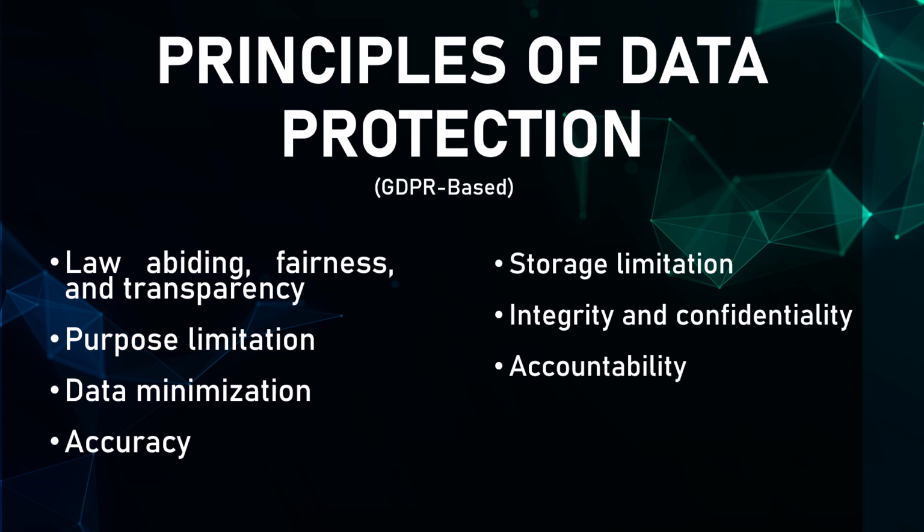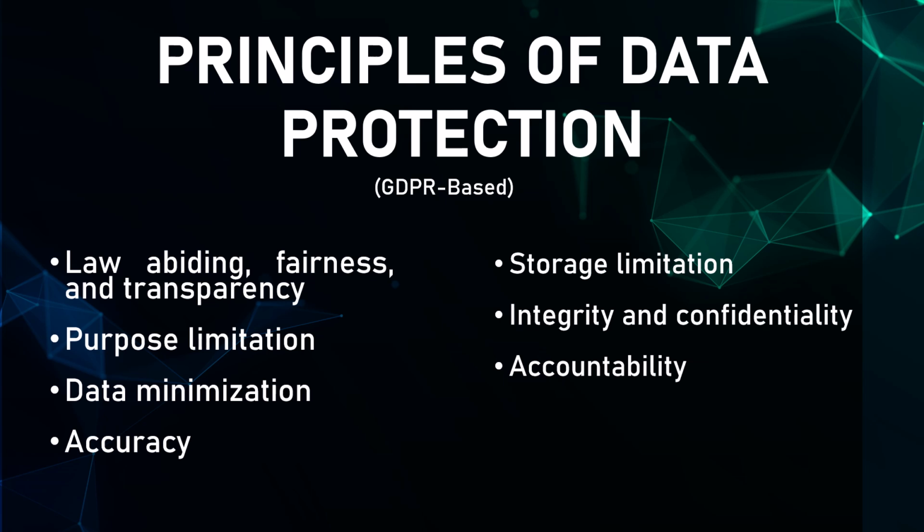The first one is law abiding, fairness, and transparency. This is the principle of ensuring that whatever data or information about an individual is collected, first of all, abides with the law. Secondly, it is used in a fair manner.